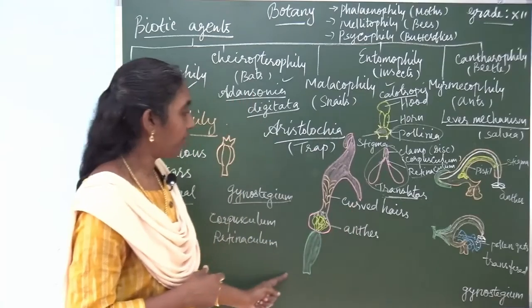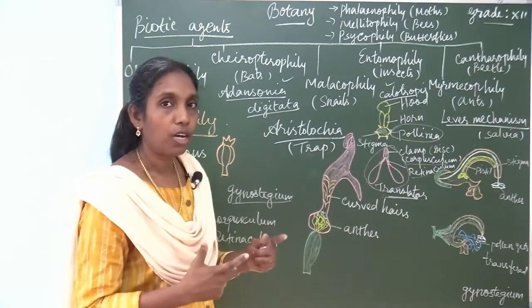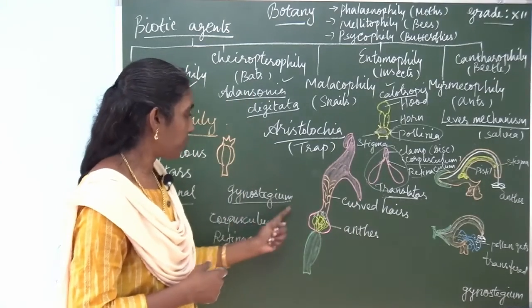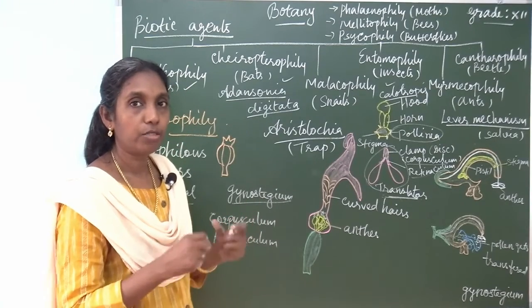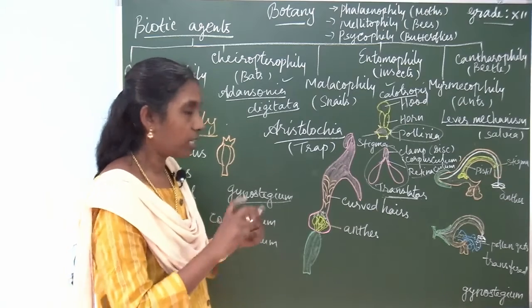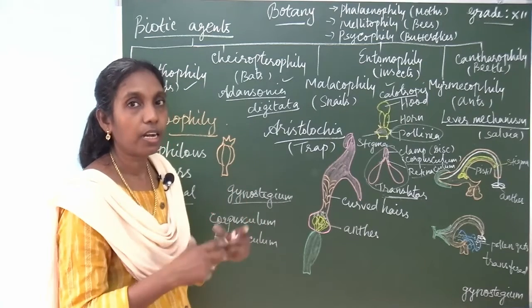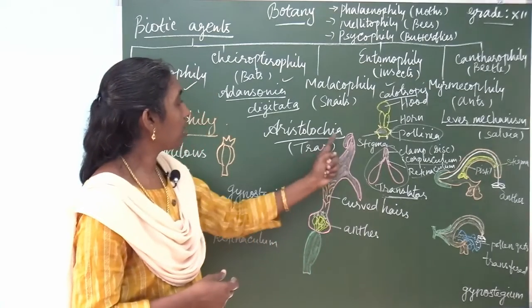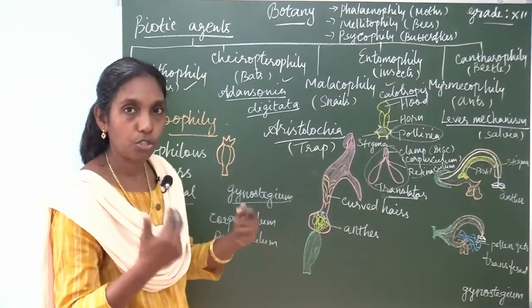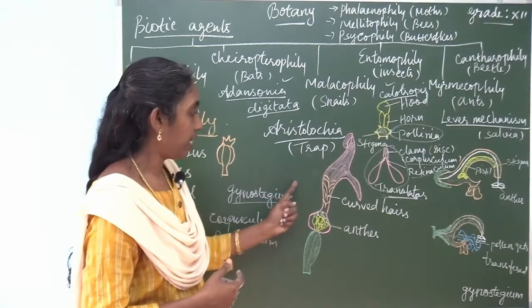This is the Aristolochia flower. This flower also produces a gynostegium, where the androecium and gynoecium are united together. So, this Aristolochia flower shows trap mechanism.